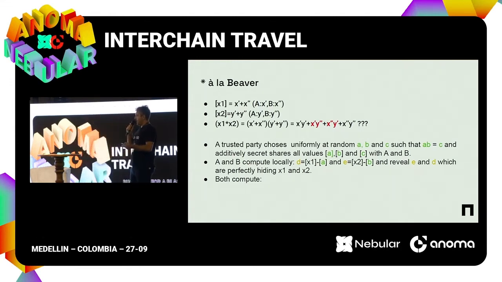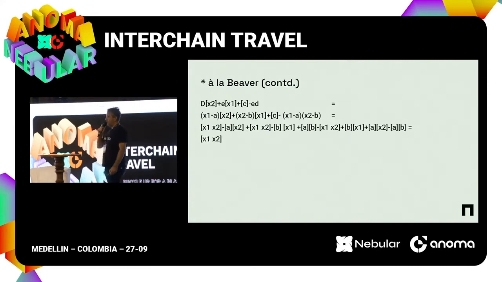So the idea is that you have either a set of parties or a trusted party who distributes the special randomness, and then the parties run that circuit, and if you follow the paper, you can see that at the end of the protocol, what the parties are holding is actually additive shares of the multiplication circuit. So by doing, in a private manner, additions and multiplications, you can build almost anything you want. Actually, we don't have a lot of time to show you how comparison will work in that fashion, but this is the basic idea.